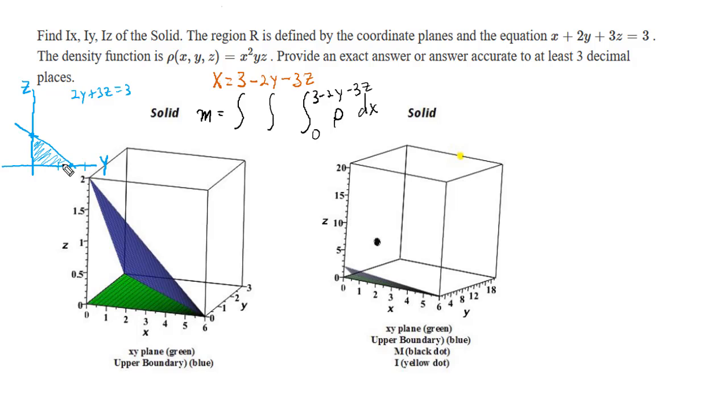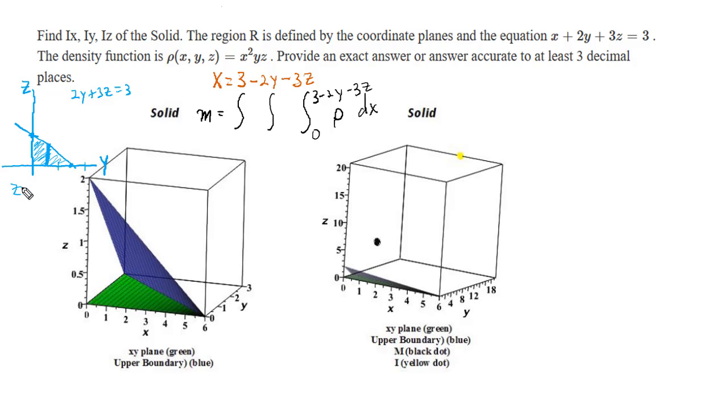As you can see, it is both z-simple and y-simple, so it doesn't really matter which order we do the y's and the z's in, as long as we get the appropriate limits on the integral. So I will just do a traditional vertical rectangle, which means dz.